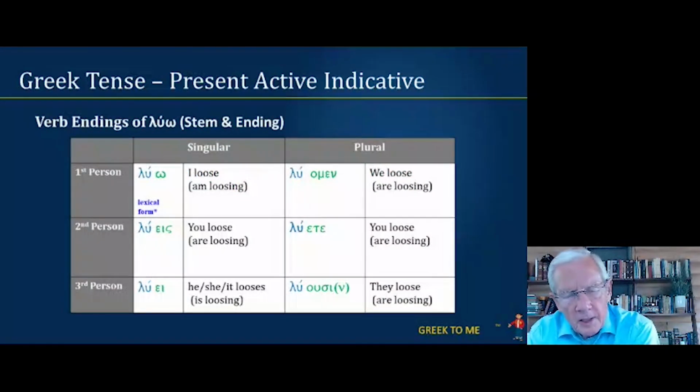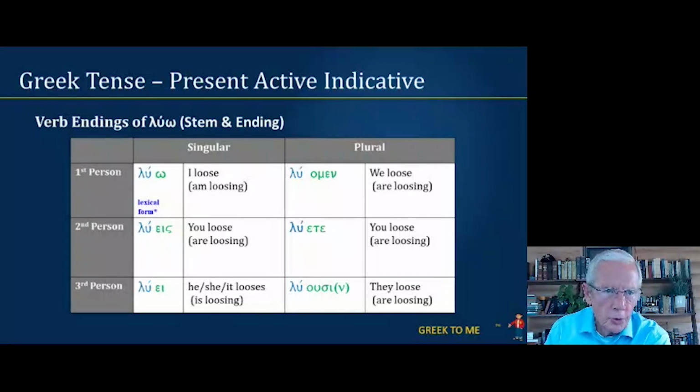Now, Greek is an inflected language. That means that there are changes that occur to a verb. And this is certainly a great deal different from English. Now, what we have is our standard verb lu. Right there.